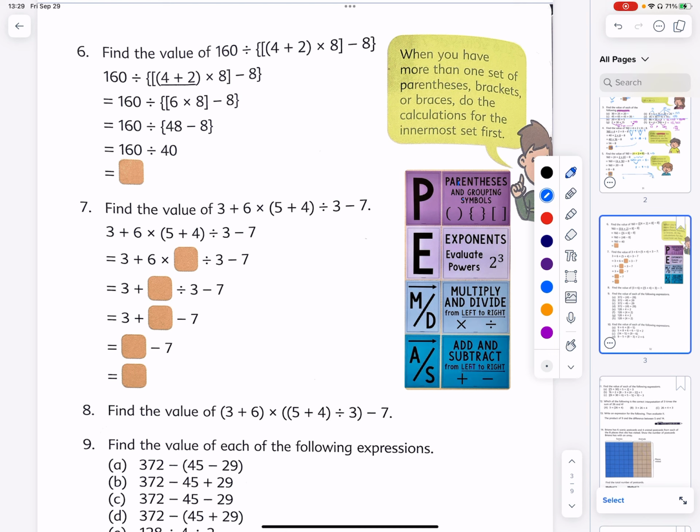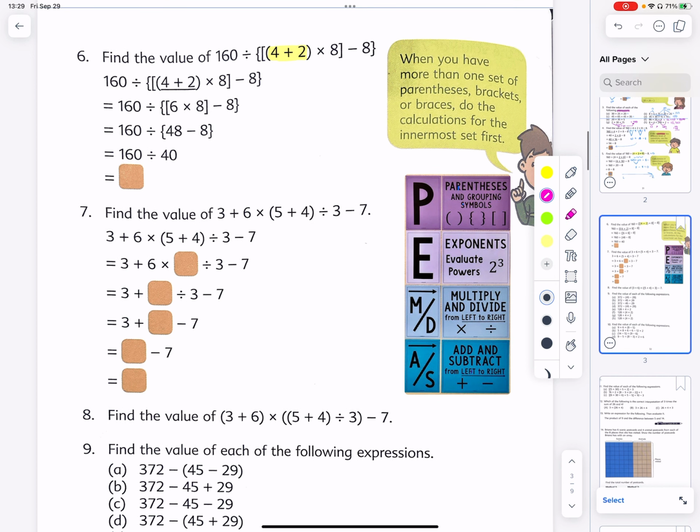So take a look, my friends, take a look. I'm going to highlight various things. We have simple parentheses with the expression 4 plus 2, followed by square brackets. And on the outside of it all, we have curly parentheses. It took me a while to learn how to write them neatly.